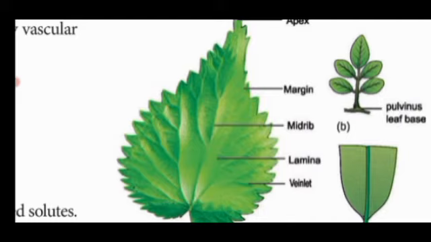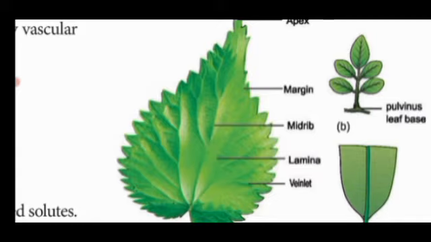The next and most important structure of a leaf is the leaf lamina. The expanded flat green portion of the leaf is the leaf blade or leaf lamina. It is the seat of photosynthesis, exchange of gases, transpiration, and most of the metabolic activity of the plant is done in that part.